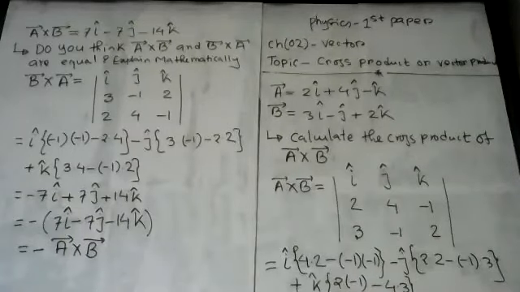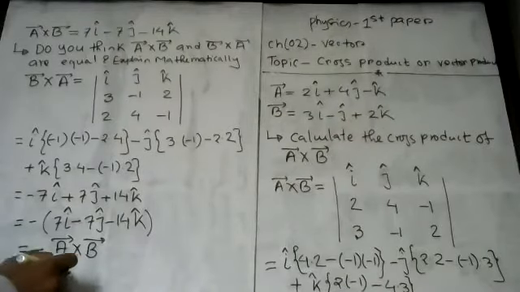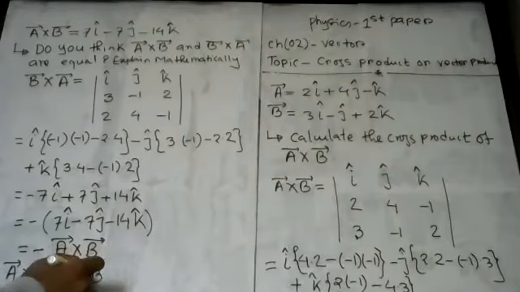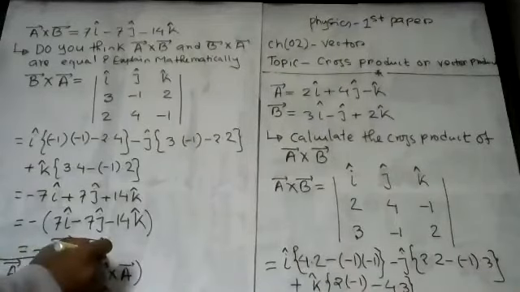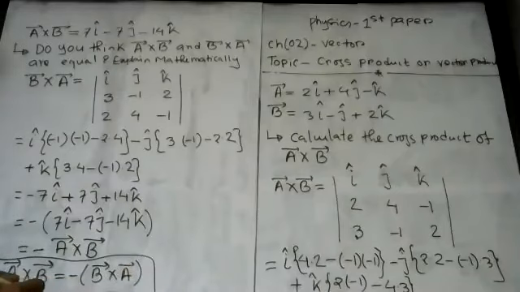Or on the other hand, you can say that vector A cross vector B will equal to what? Minus vector B cross vector A. Okay, my dear student. So this is the correct one.